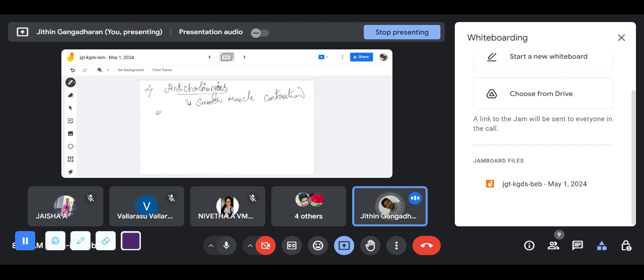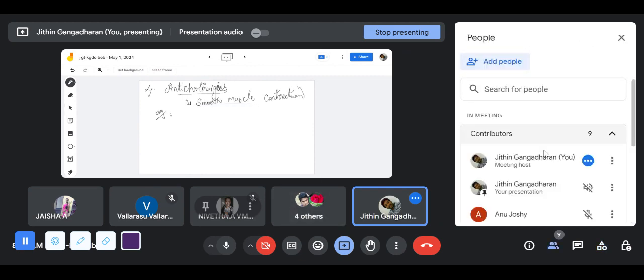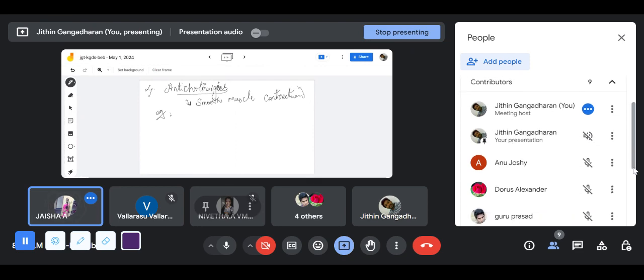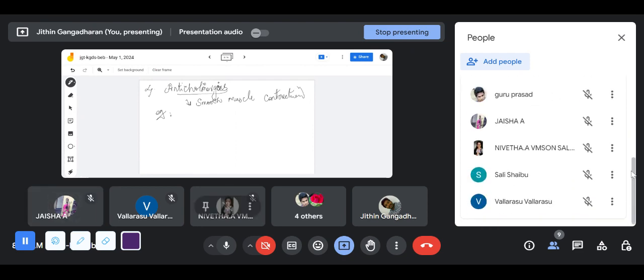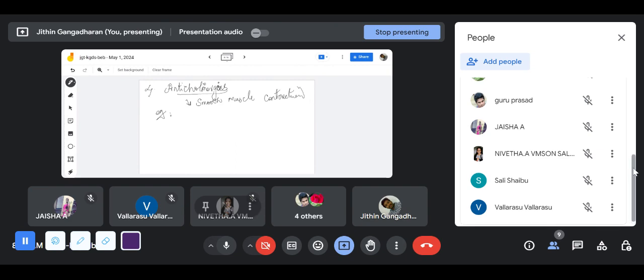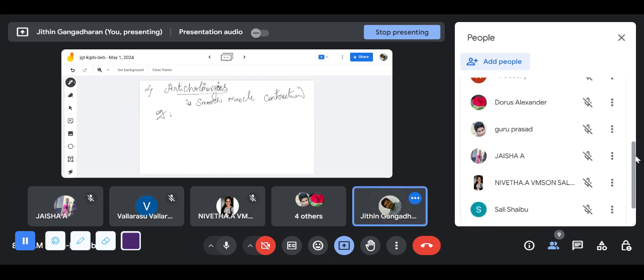So anticholinergic. Can anyone give me an example for anticholinergic? Jesha, example for anticholinergics. Sali, can you give me an example?